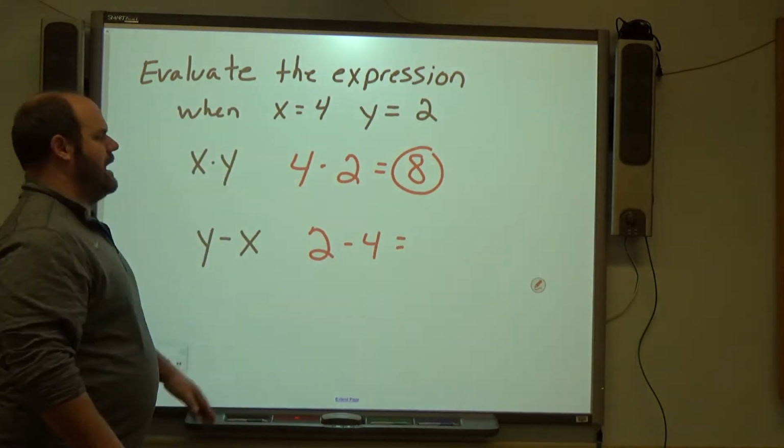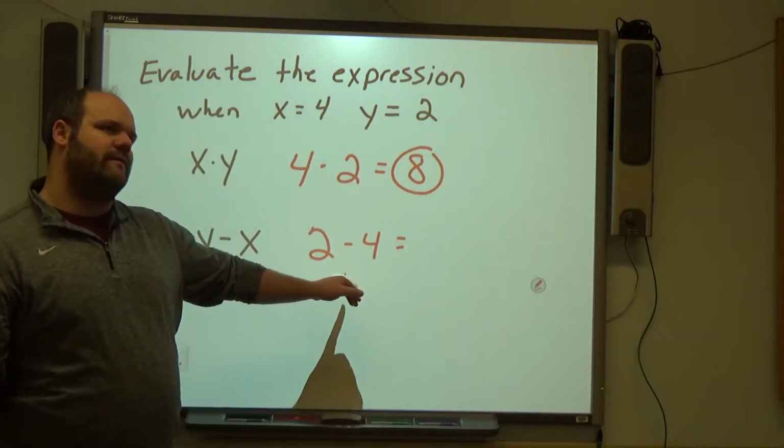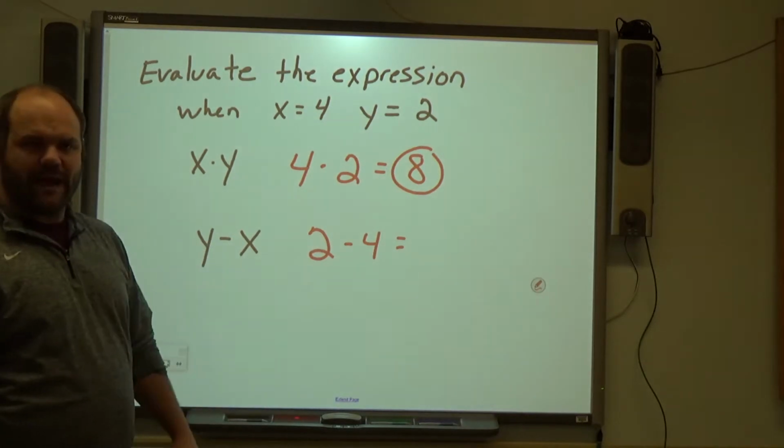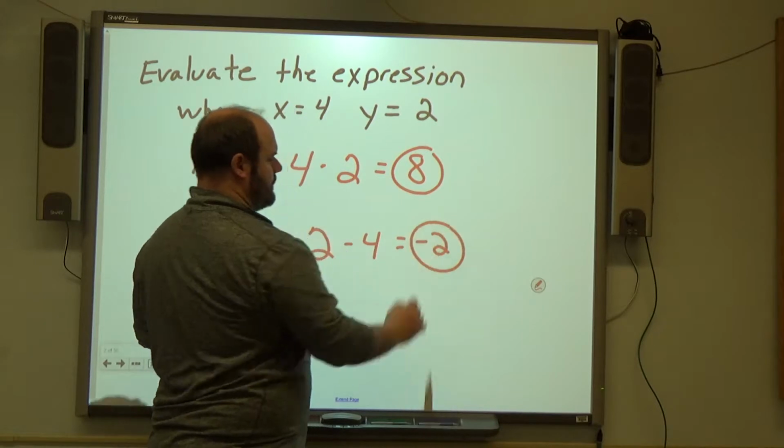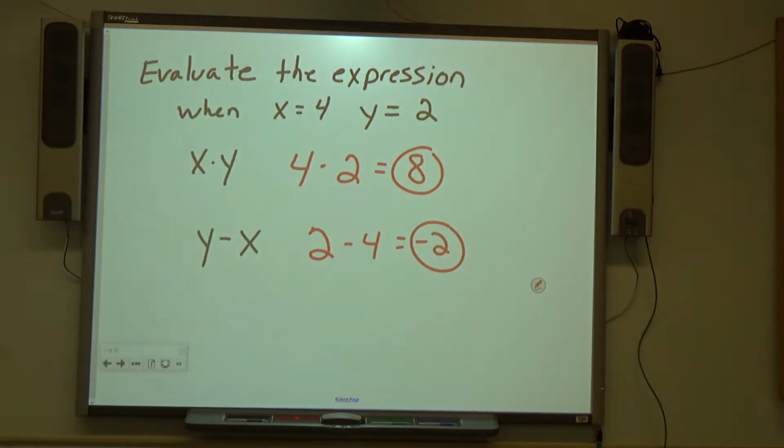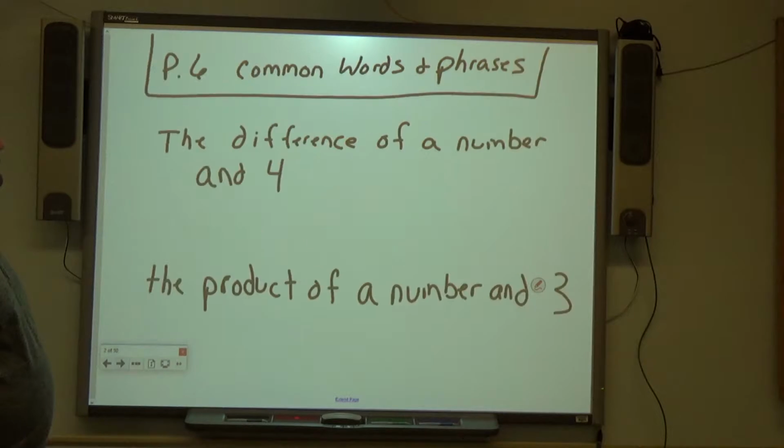This might be a little bit ahead of you, not sure what the background you've had is, but if we take 2 minus 4, we do end up with a negative 2. We do have a section down the road coming up where we will add and subtract positive and negative numbers.